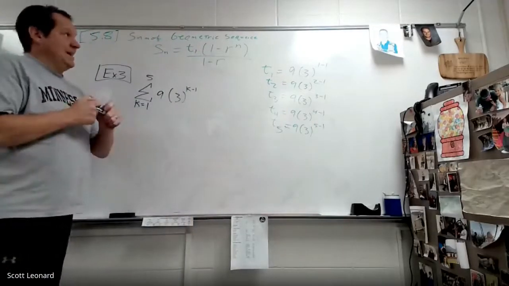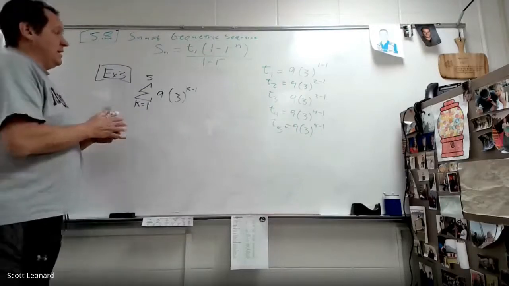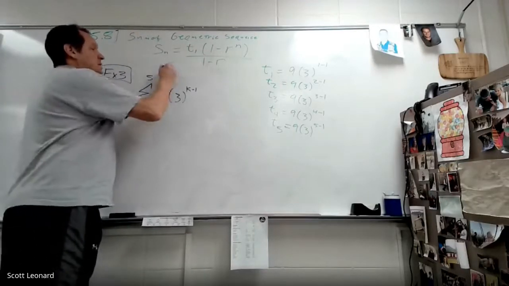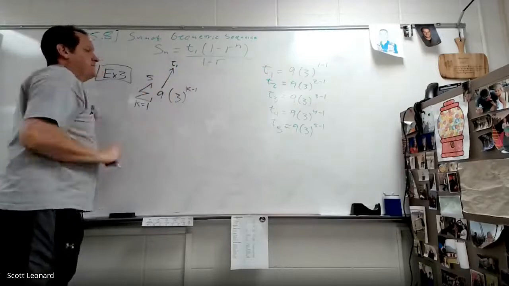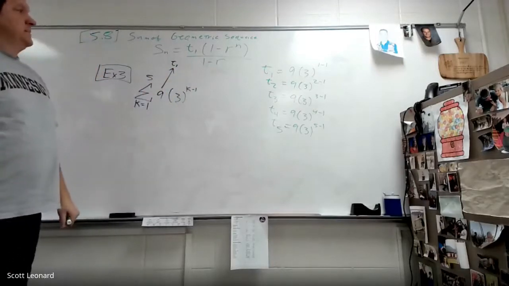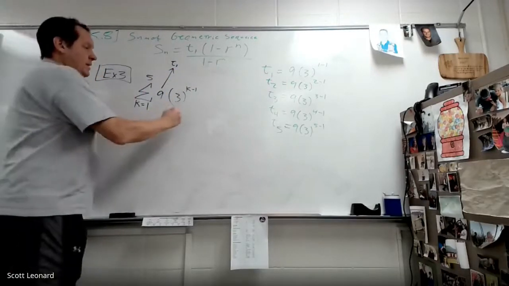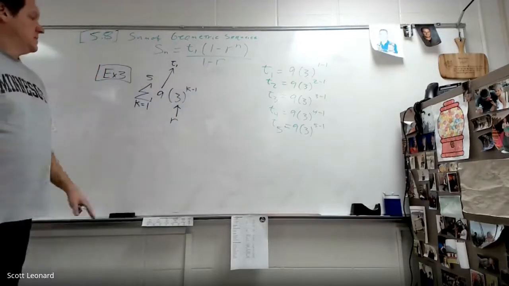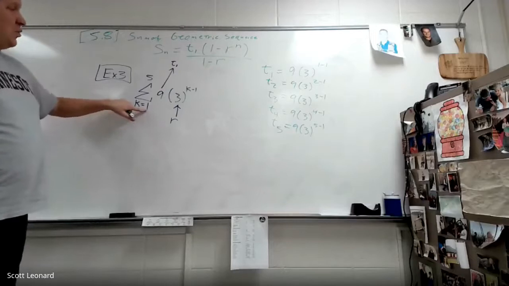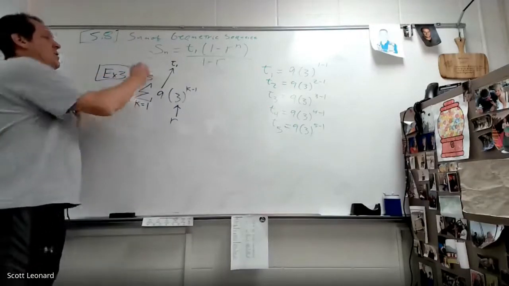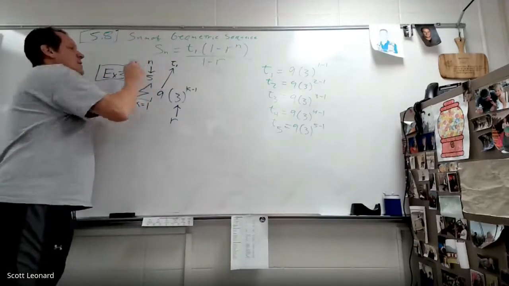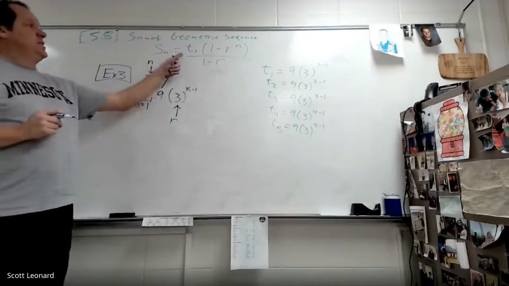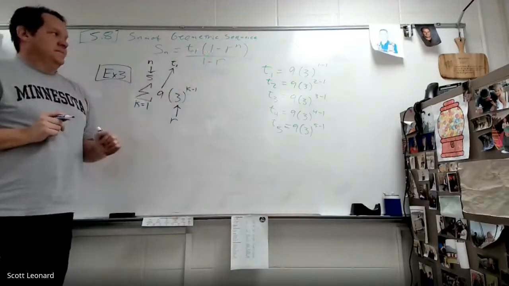The shortcut is this number right here is your T1. This number right here is your R. This number here, as long as this is 1, this number right here is your N. So you have everything you need to do this formula.